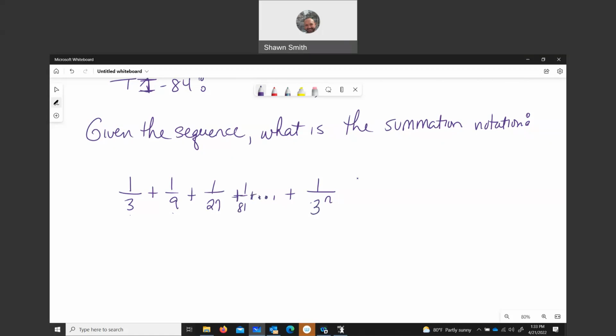So this last expression right here tells you what your formula is to generate all the previous ones, right? So this is summation as k goes from 1 all the way up to n. We don't know how many it is, but that's the formula of 1 over 3 to the k power. Make sure you use a k if you're going to write out what this sequence is, and the summation that is.